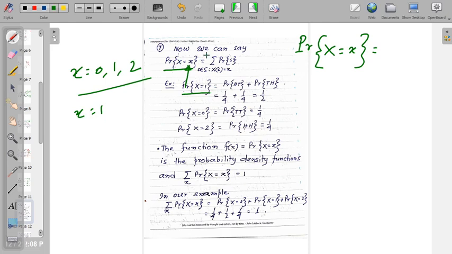So for this probability of X equal to x, by our mutual exclusiveness property, it will be the probability of small s, where s belongs to this capital S, such that X of small s is equal to x. That we have seen in the previous case.